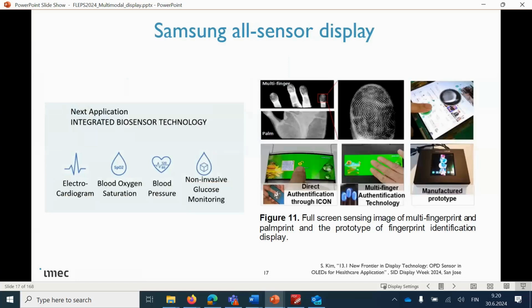They were talking about next applications, integrated biosensor technology that can do electrocardiogram, blood oxygen saturation measurements, blood pressure measurements, and glucose monitoring. So people are already talking about this from last year already, I think. This year also they repeated it. So it's coming, it's out there.